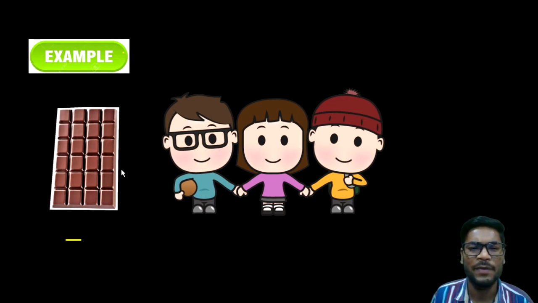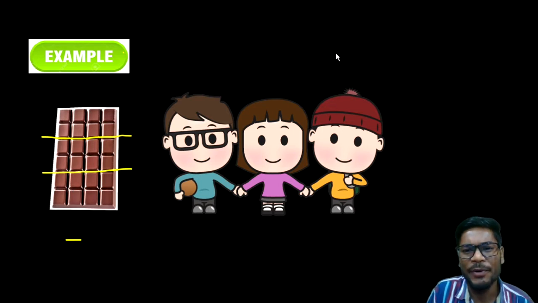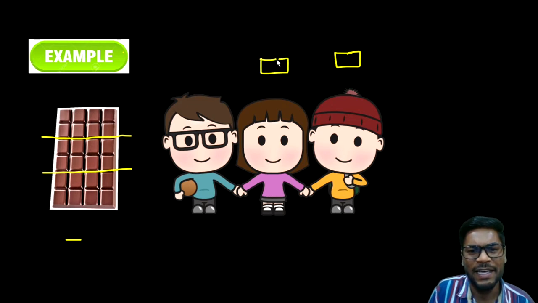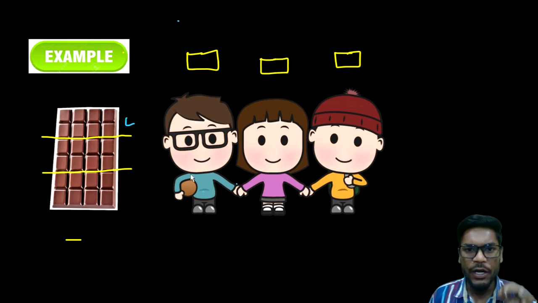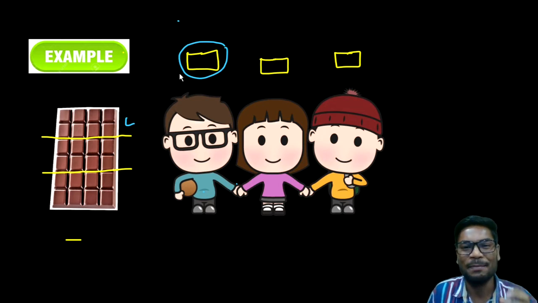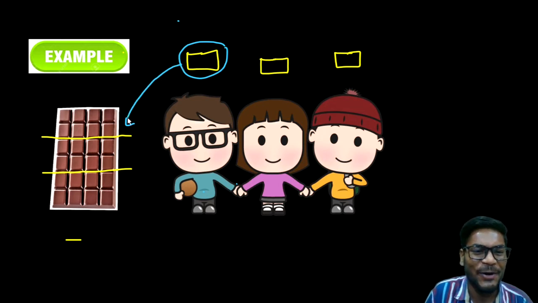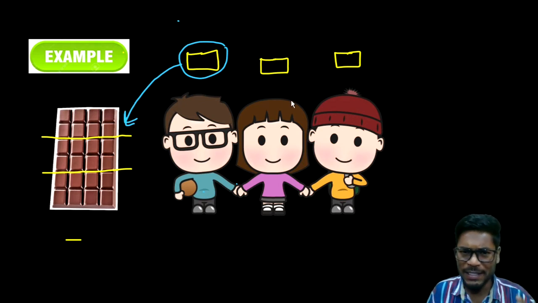At that time, their father came, divided the chocolate into 3 equal parts and distributed each part to the children. They ate their share and all are very happy. Now, if we consider each portion as a part of a whole, each part is a fraction of the total chocolate.